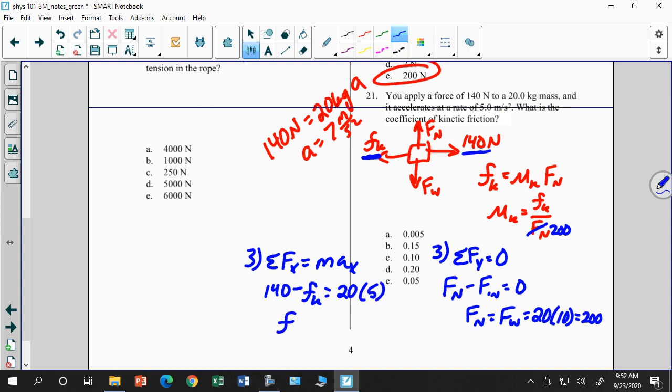And then I solve this for Fk. It's 140 minus 100, or 40 newtons. And so Fk is 40, so I can put in 40 right there. And my mu is going to be 40 over 200, or 0.2. That's 20 over 100, or 20 hundredths.